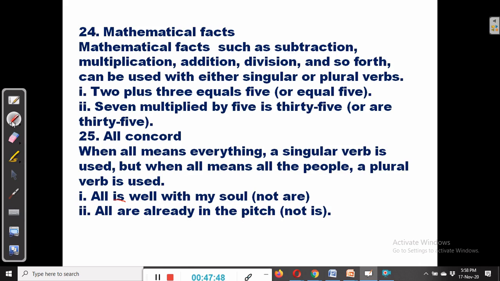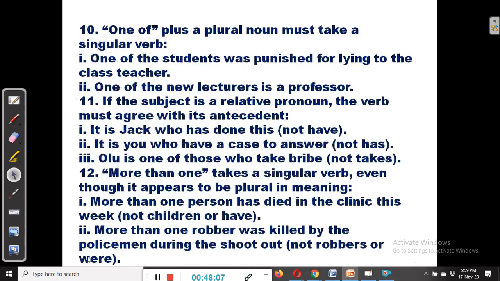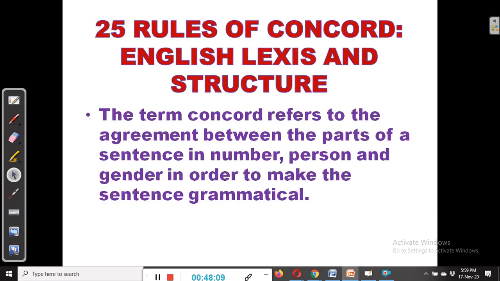So that's exactly how it has been in today's lecture. We have been looking at 25 rules of Concord, and we have been able to look at them. Rules of Concord, as I earlier mentioned, are those rules that govern the way in which the parts of a sentence are arranged together in order to achieve grammaticality.